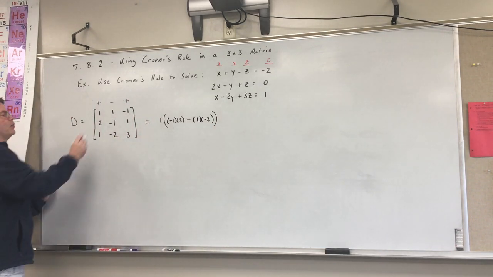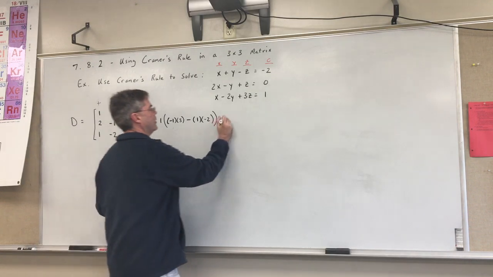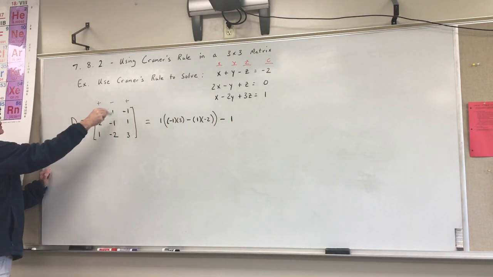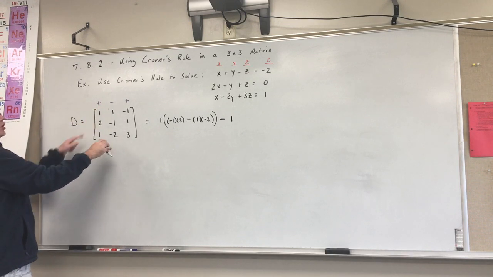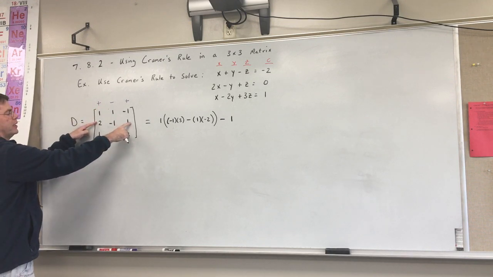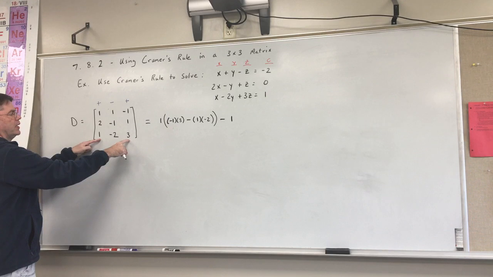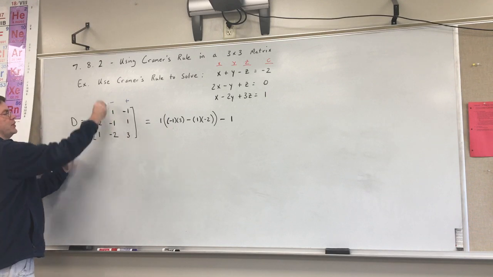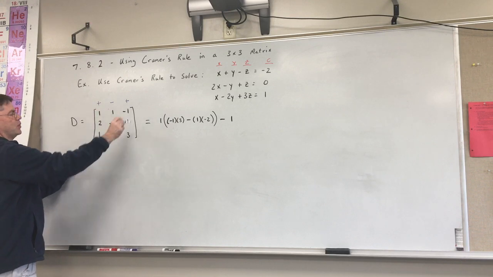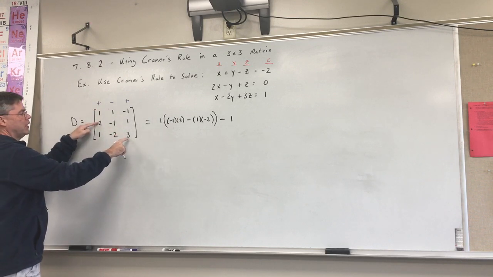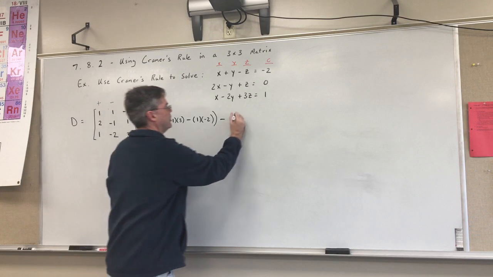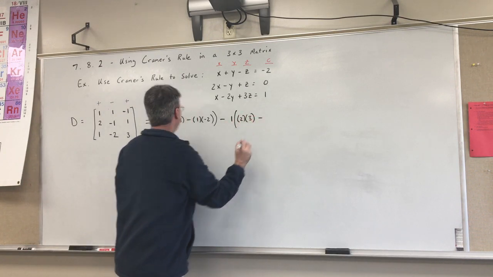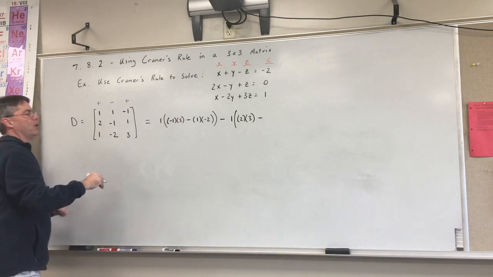All right, and then we're going to subtract 1 times the determinant of the matrix 2, 1, 1, 3. Remember, we cross out this column and this row. So we'd have 2 times 3 minus 1 times 1.